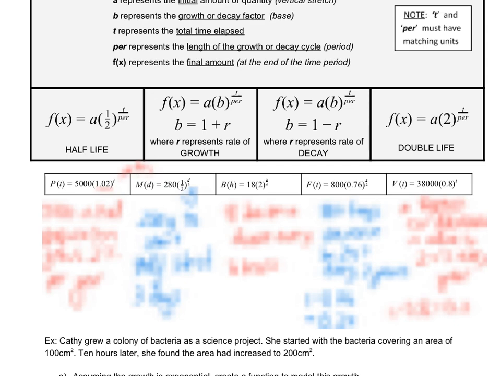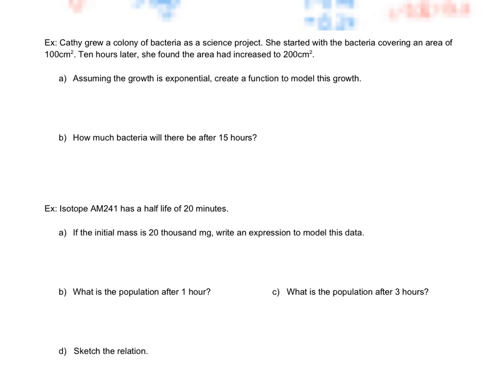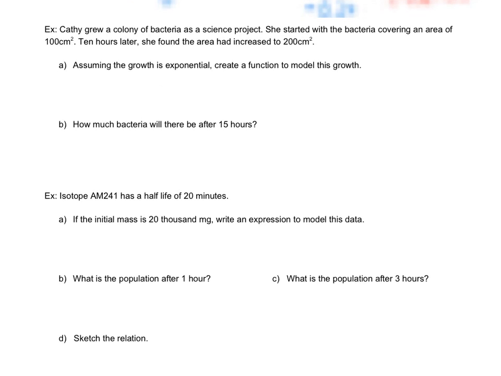So let's go ahead and look at our first example and try to create an equation and answer some questions. So Kathy grew a colony of bacteria as a science project. She started with the bacteria covering an area of 100 centimeters squared. 10 hours later, she found that the area had increased to 200 centimeters squared. So we can see that this is doubling from 100 to 200.